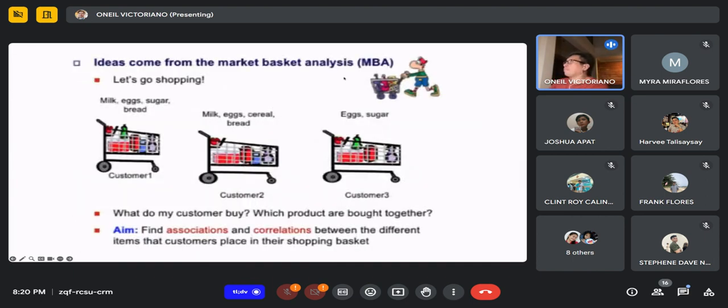For example, in a market basket analysis, if you have three consumers, you ask: what will my customers buy? Which products are bought together? So we are finding associations or correlations between different items.